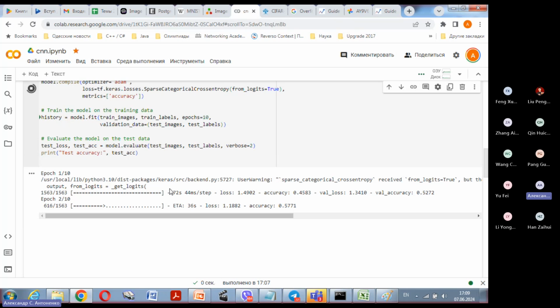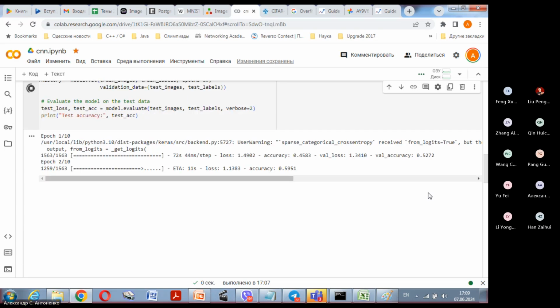Our loss decreased, our accuracy increased, and after the end of this training, we obtain some values for the loss function and accuracy.